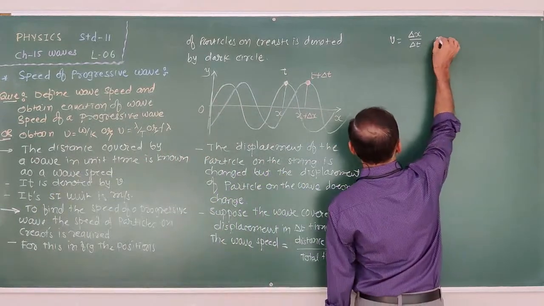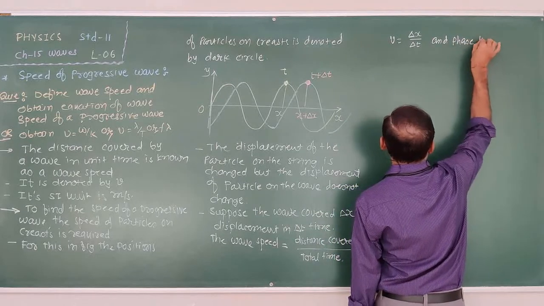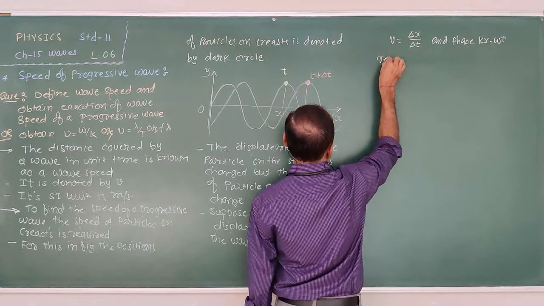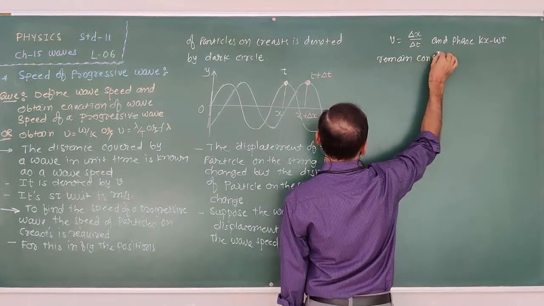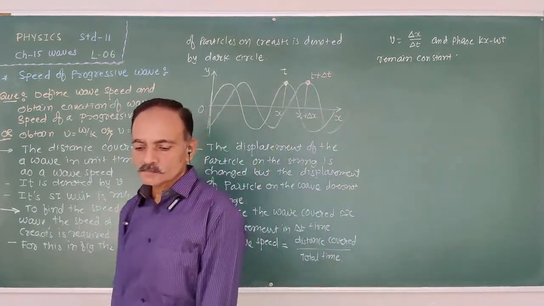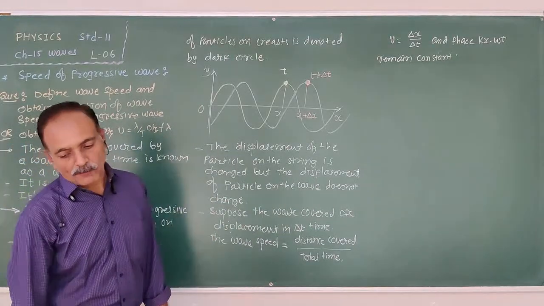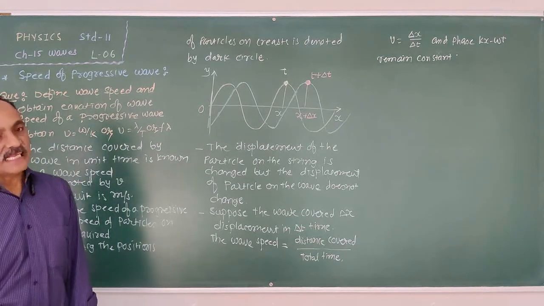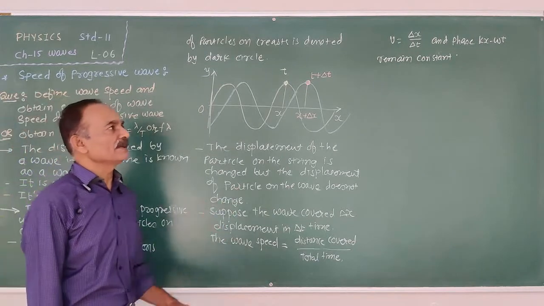And the phase kx minus omega t remains constant. Clear? Thus the position of the point on the wave changed by delta x distance in delta t time, but the phase remains constant.